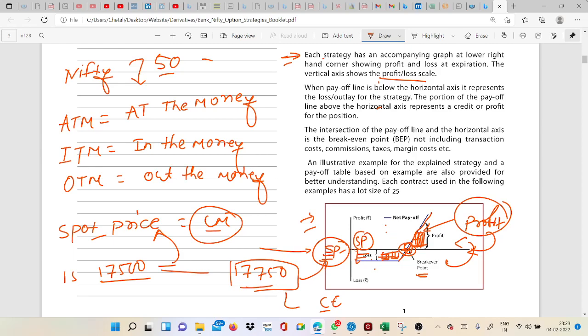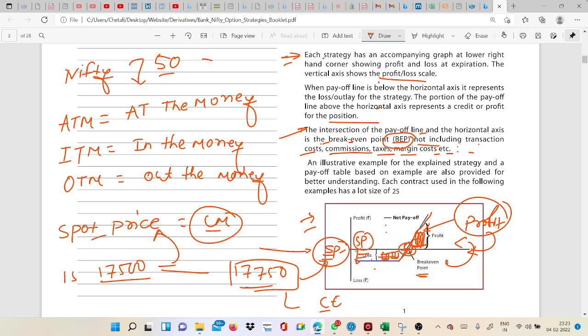The portion of the payoff line above the horizontal axis represents a credit or profit for the position. The intersection of the payoff line and the horizontal axis is the break-even point, not including transaction cost, commissions, taxes, margin cost, etc. This is very important.